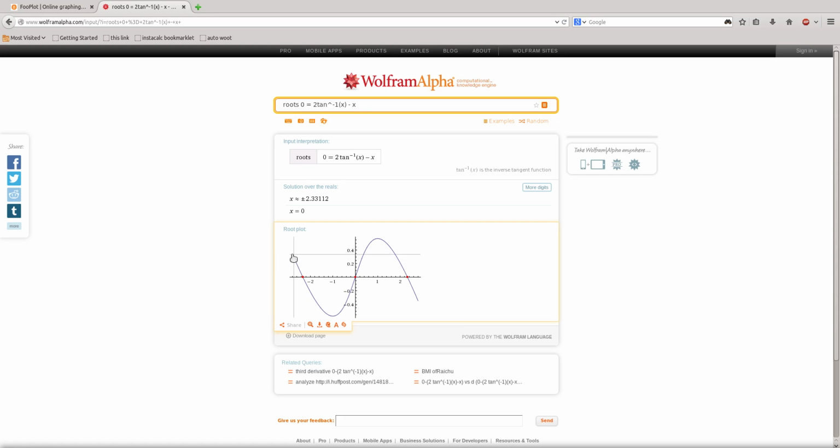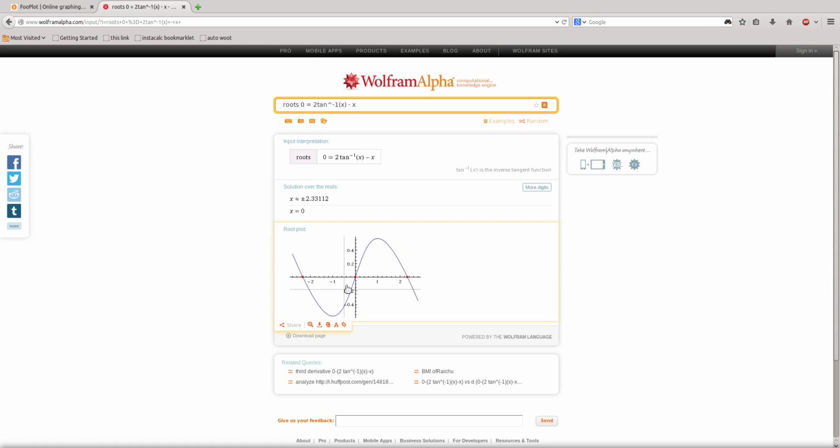It actually goes above the x-axis, then it goes below the x-axis, then it goes above again, and then it goes below. So is it good enough to say that here it has to be positive? It must go positive, negative, positive, and negative. One more time.